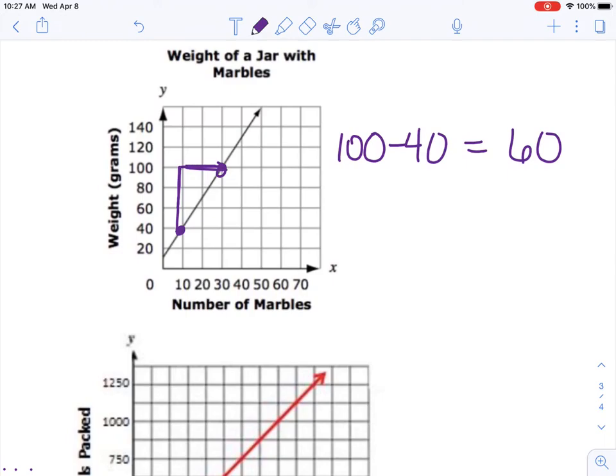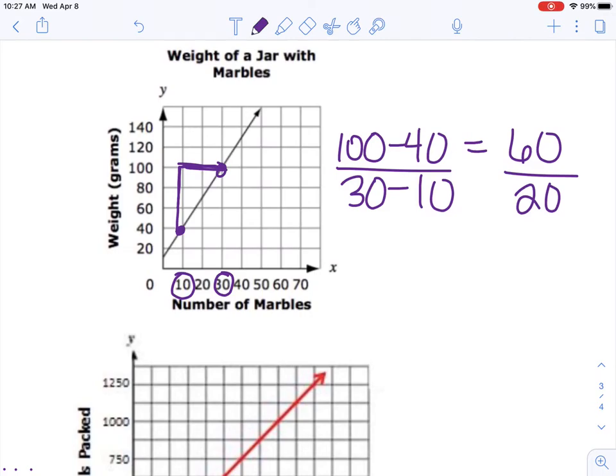And then the change in the x, we went from 10 to 30. So a 30 minus 10 would be a change of 20. I'm kind of doing the slope formula here. 60 divided by 20 is 3, so this is going to have a slope of 3. Or you could say 3/1, which equals 3.